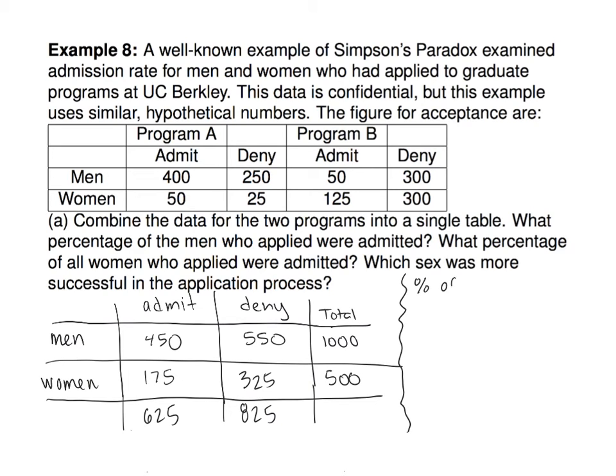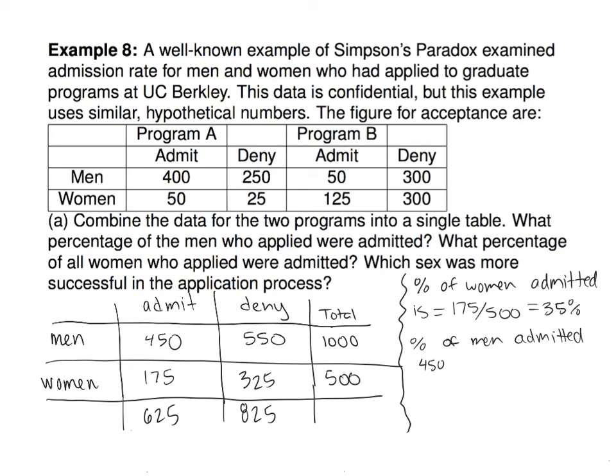Okay, so now using this table, what percentage of all women who applied were admitted? The percent of women admitted is equal to 175 out of 500, which comes out to exactly 35%. And the percent of men admitted is 450 out of 1,000, or 45%.